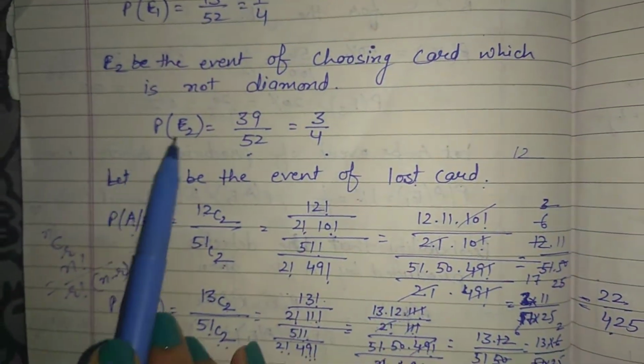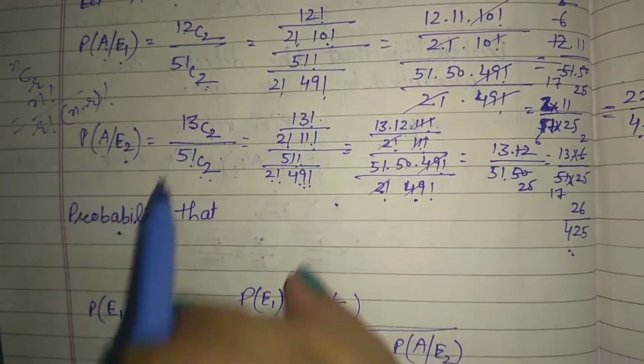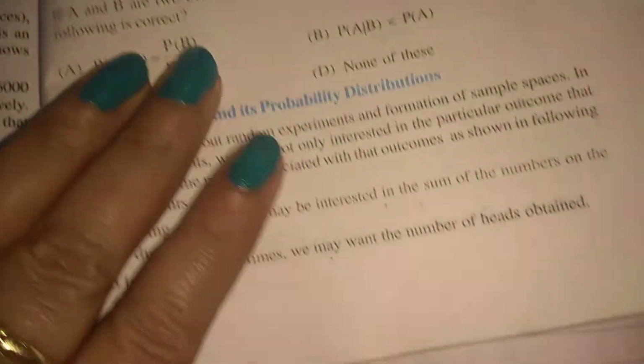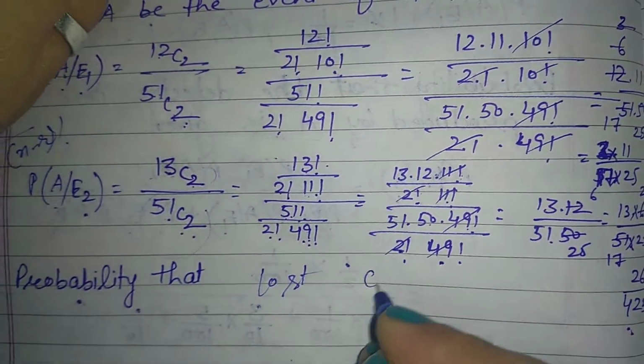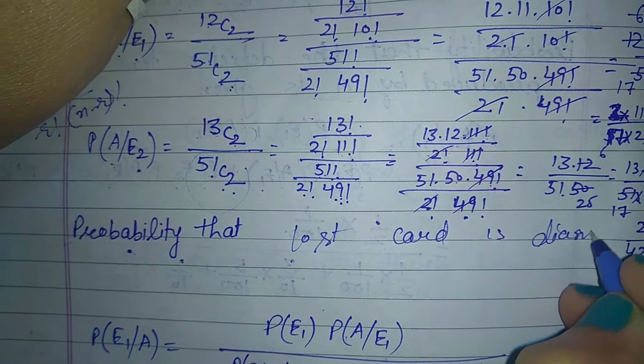So we have P(E1), P(A|E1), P(E2), P(A|E2). But we have to find the probability that the lost card is a diamond. So we have to find the probability that the lost card is a diamond, given the 2 cards drawn.